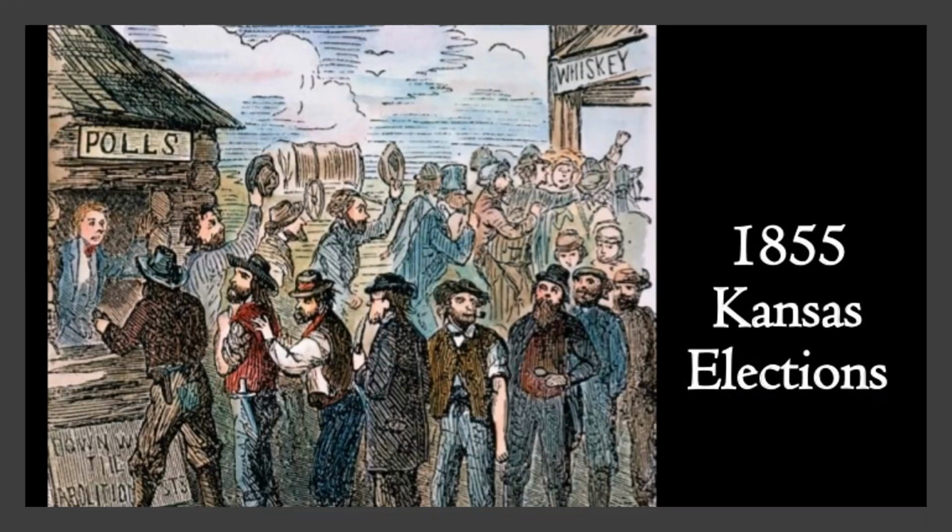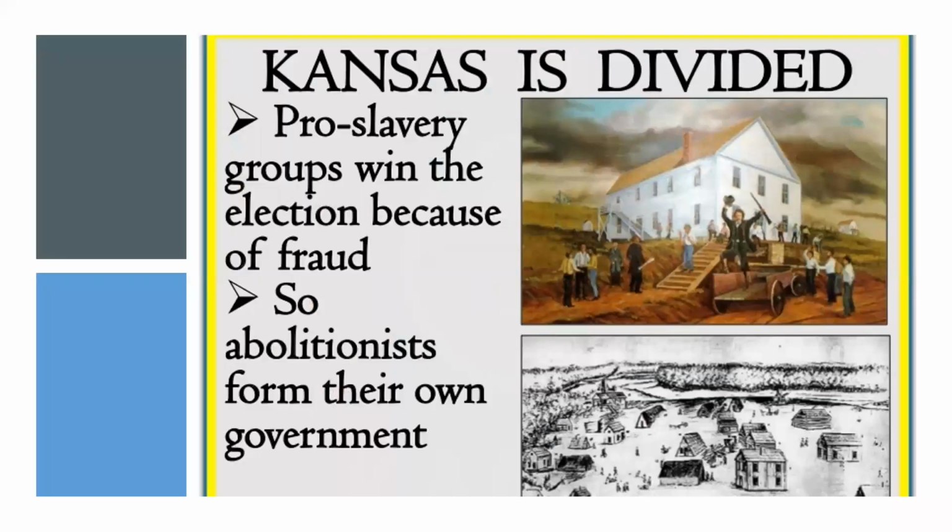Anti-slavery Kansans responded by establishing a rival government, writing their own constitution. And so we see a showdown on the horizon. A showdown was inevitable.